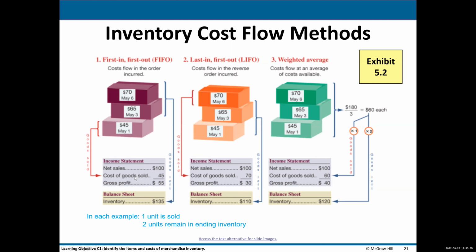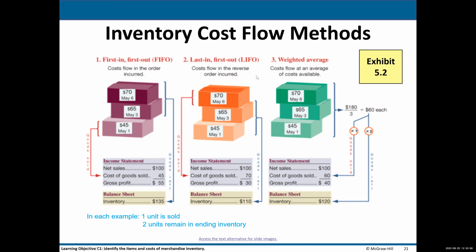That goes into our cost of goods sold. Well, then the other 2 must be in ending inventory. And hence we've got the one on May 3rd and the one on May 6th. Together, those 2 would be $135. Okay. That's what we calculate ending inventory at.